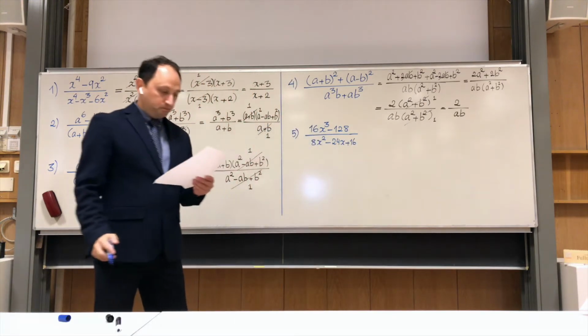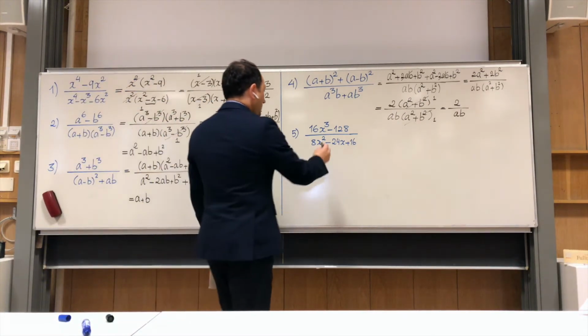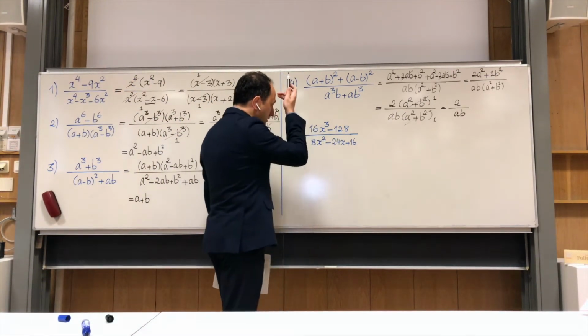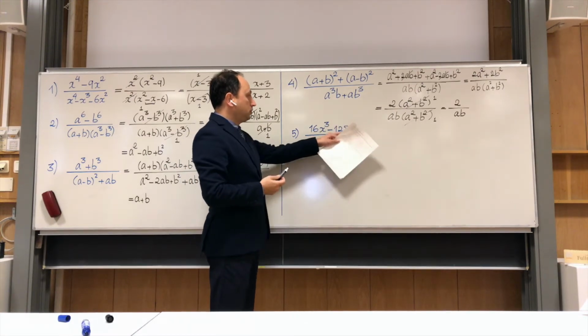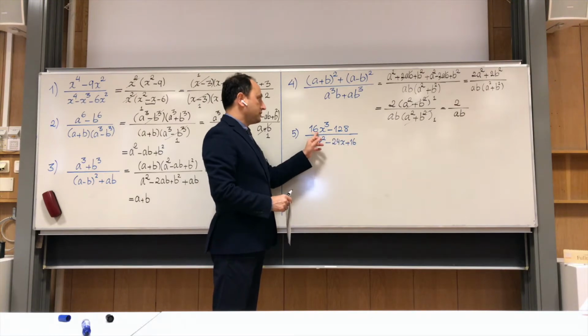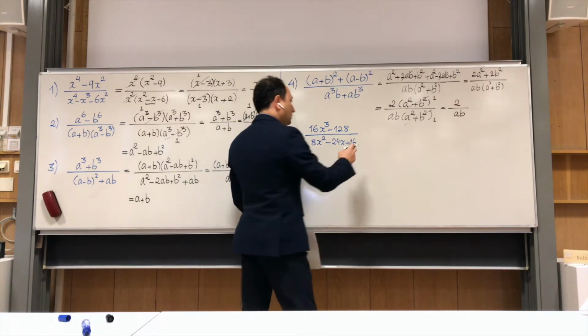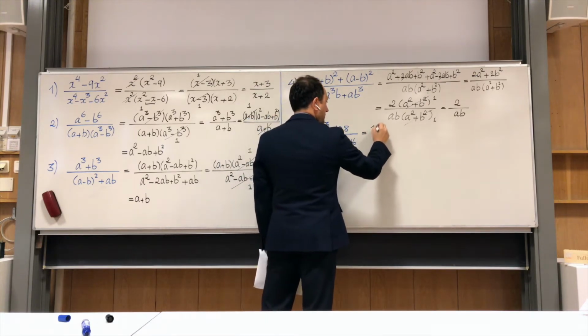To factorize the numerator, you see that I have a common factor here. So 16, I can pull it out because 128 is 16 times 8. So the first thing that I need to do is pull 16 out.